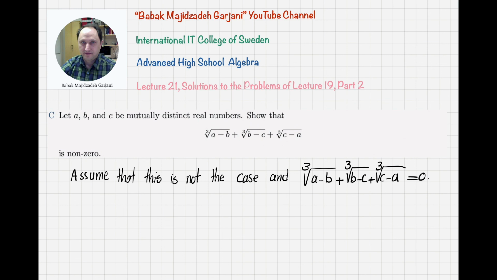My goal is to show that this is not equal to 0. If you say this is equal to 0, I will show that this will give rise to a contradiction. Okay, how do we do that?